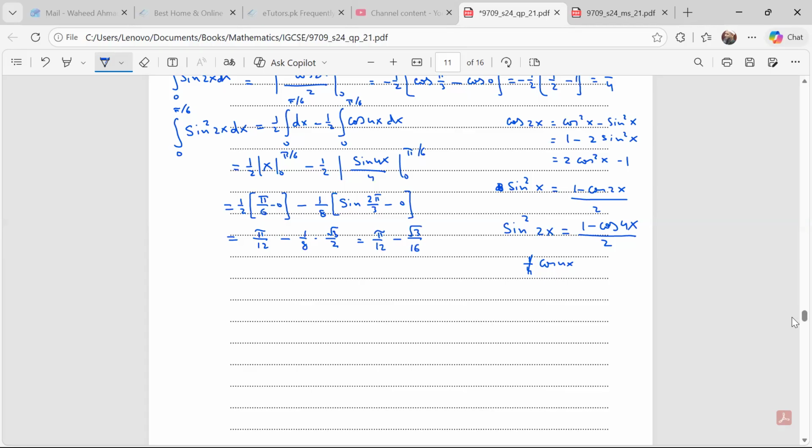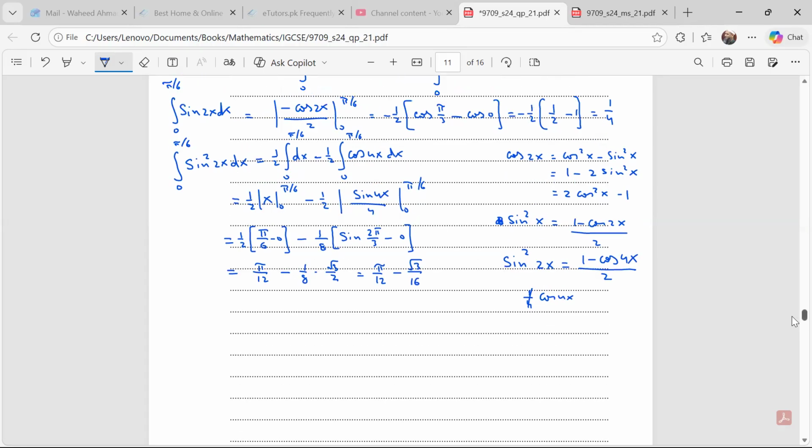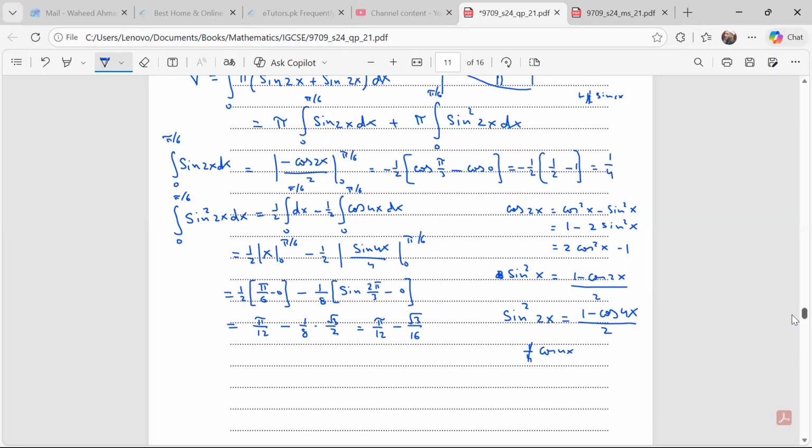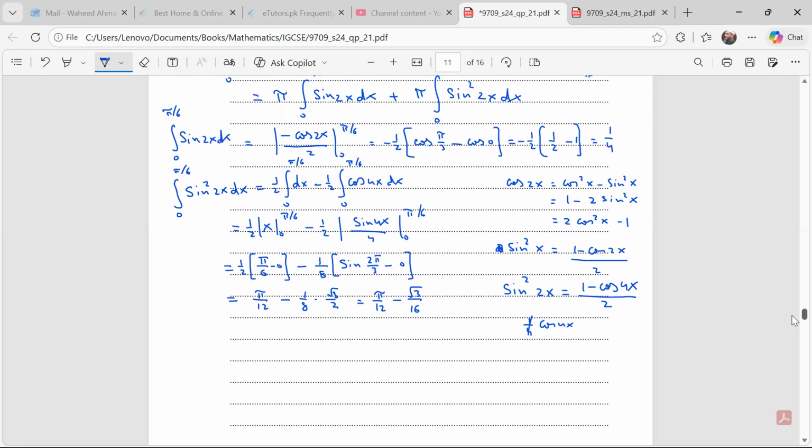Now I will plug these two integral values into my expression, this one. So my volume of revolution is pi times this integral, which I found to be 1 by 4, plus pi times this integral, which is equal to pi by 12 minus square root 3 by 16.